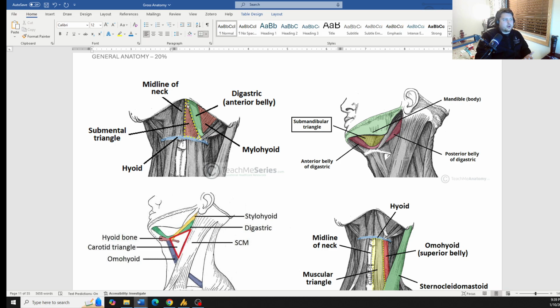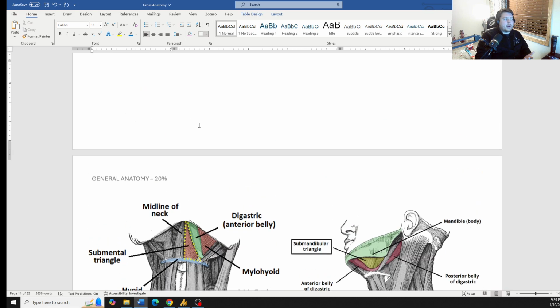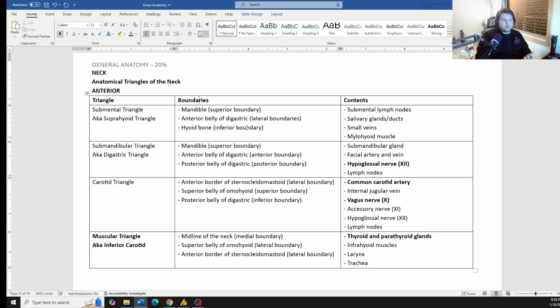The questions that you'll get asked about the triangles are either the boundaries or the contents of them. So the superior boundary is the mandible, the anterior belly of digastric is the lateral boundary, the hyoid bone is the inferior boundary.